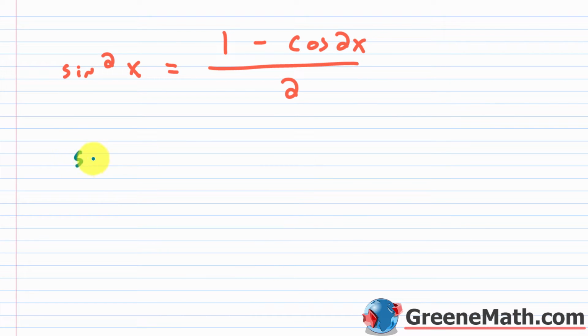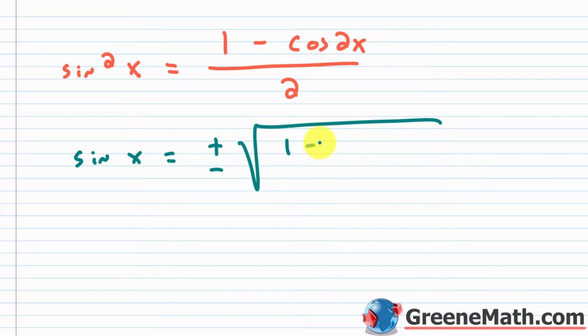So you would have the sine of x is equal to, again, you need that plus or minus because with sine, it's positive in quadrants 1 or 2, and then it's negative in quadrants 3 or 4. So let's say this is the square root of 1 minus the cosine of 2x over 2. Now, the last thing, you have an x here and an x here. You're just going to plug in an a over 2 or a theta over 2 or whatever you want to use. So that would give me the sine of a over 2.